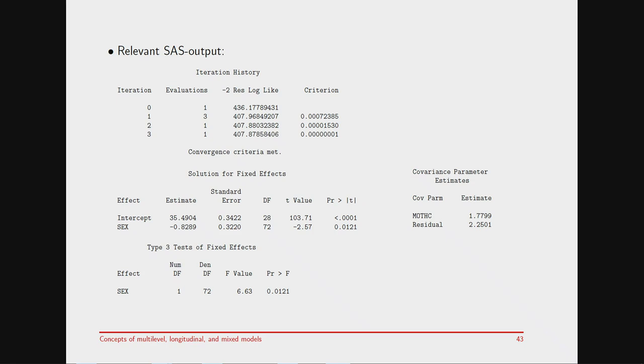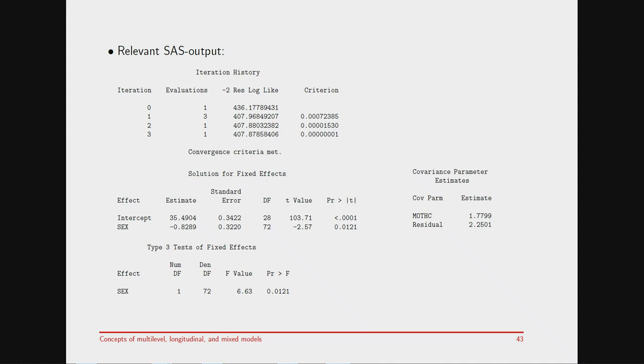Here we see the covariance parameter estimates, and these are these two variances. The variance between the mothers is 1.78 about, so that's the variability between the mothers. And then the residual variance, that's if you take a mother and you take a gender, how much variability is then between the boys belonging to that mother or between the girls belonging to that mother?